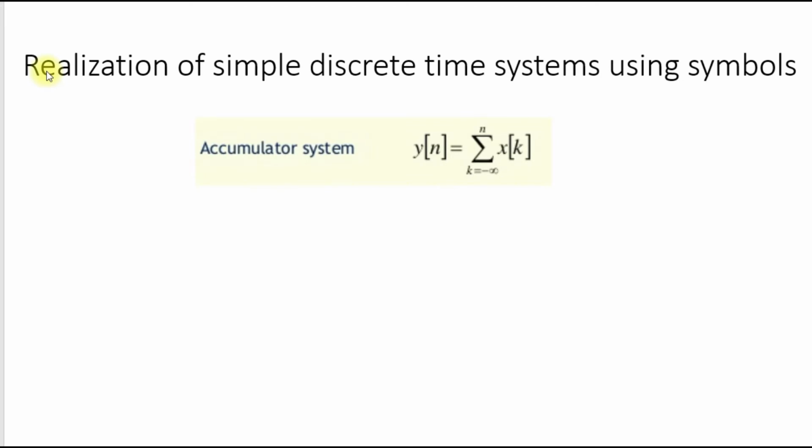Let us see the realization of some simple discrete time systems using the symbols. Consider an accumulator system. An accumulator system is one whose output is the sum of the present and past inputs. That is, the output will be an accumulated sum of all the inputs, which can be mathematically represented as y of n equal to sigma k equal to minus infinity to n x of k.